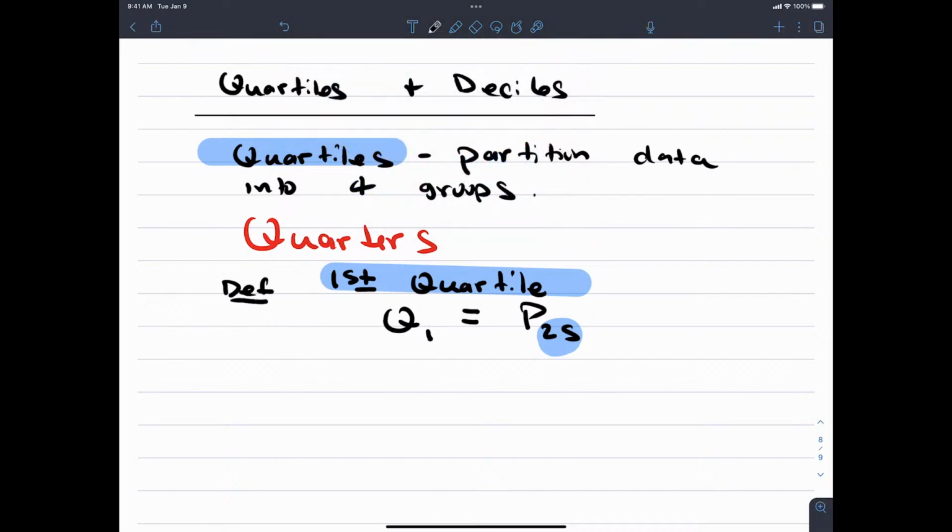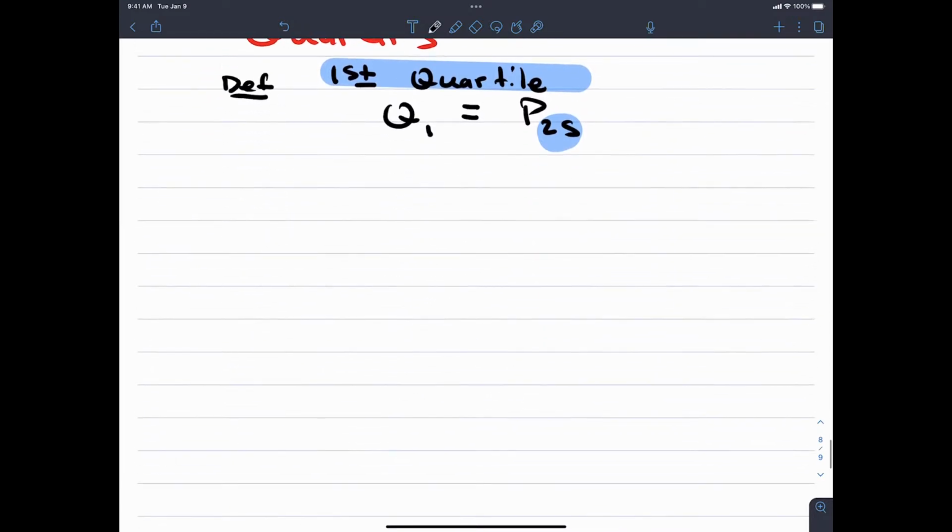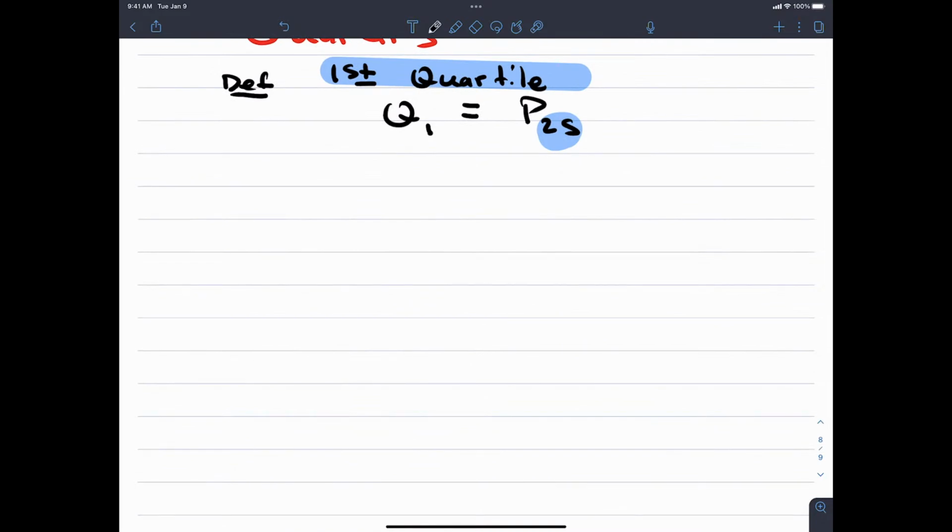Money helps your accuracy with arithmetic and mathematics tremendously. Okay? Another definition. We have the what? Second quartile. Okay? This is Q2. In 2 quarters, how many pennies do you have?